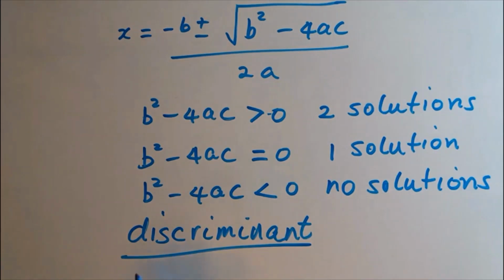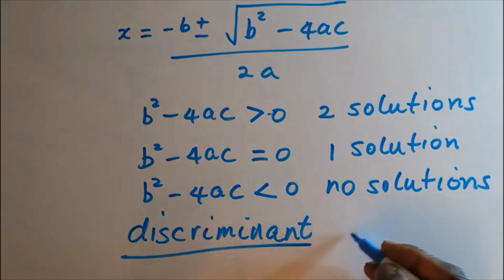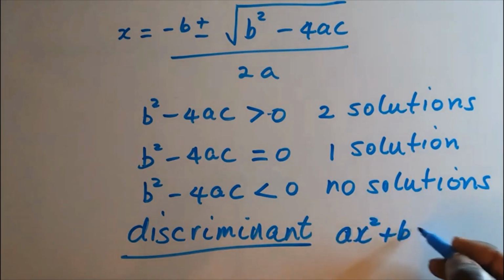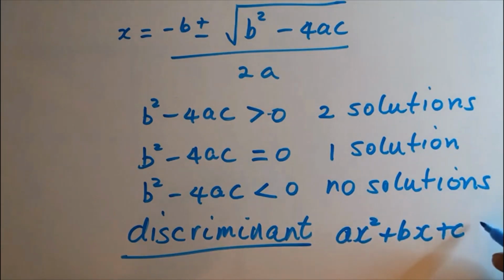Now bear in mind that we're talking about a quadratic, so it's in this form: ax squared add bx add c, which is equal to 0, and the constants a, b and c are the coefficients of x squared, x and the constant c respectively.